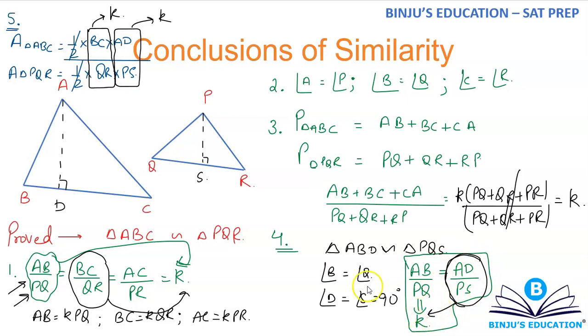So K into K will simply become K square. So if sides are in the proportion of K, then the areas are in the proportion of K square. Remember this. These are the 5 conclusions of similarity. Once you prove two triangles similar, these are the 5 things which you can state, and these are very important. Remember these 5 things.